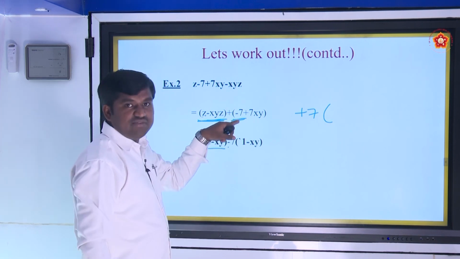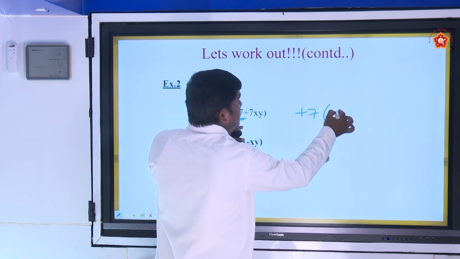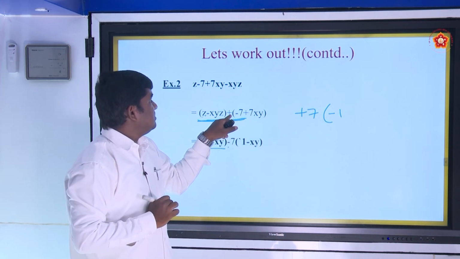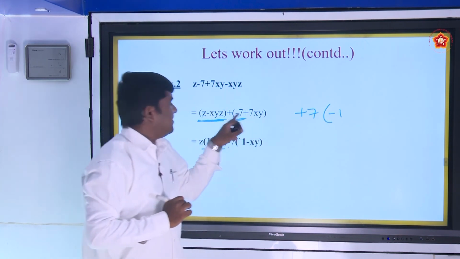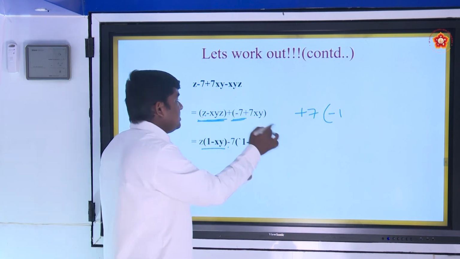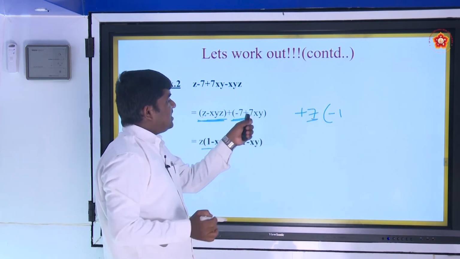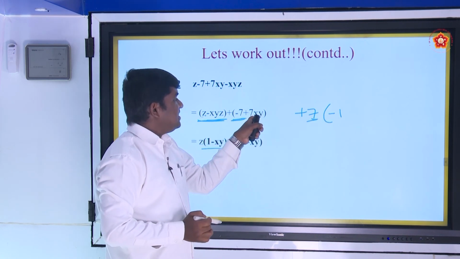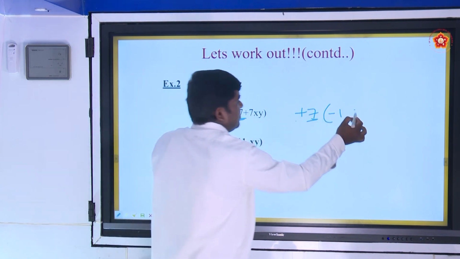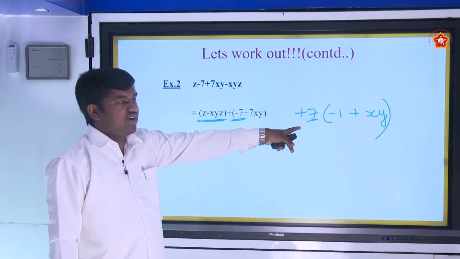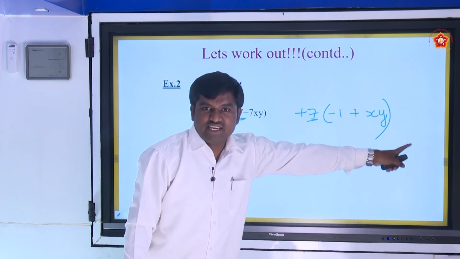To get minus 7, I have to write minus 1 here. So plus into minus, minus. 7 into 1, 7. Next, 7xy is there. We already took out 7 as a common factor. Then the remaining thing is xy, here plus xy. If we take out plus 7 as a common factor, we get minus 1 plus xy.